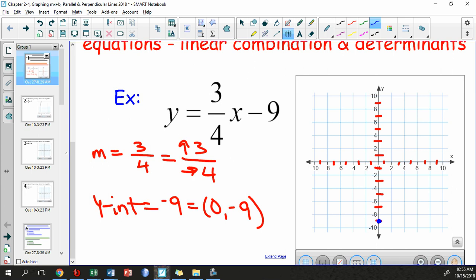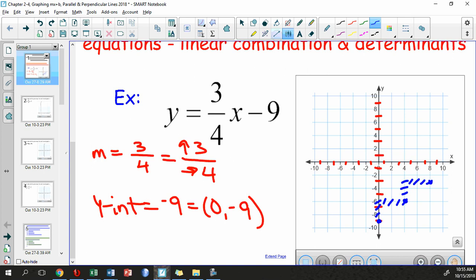I'm going to go up 3 units. 1, 2, 3. And then I'm going to go to the right. How many units? 1, 2, 3, 4. So that puts me right here. Can I do that again? Yeah, I can. I can do it infinitely many times. I can go up 1, 2, 3 units, and then 1, 2, 3, 4 units to the right.